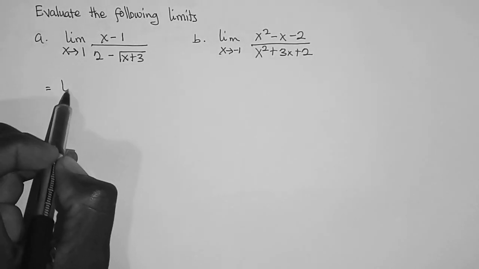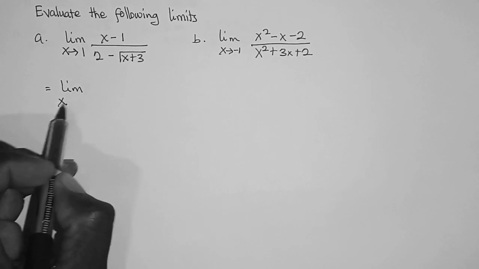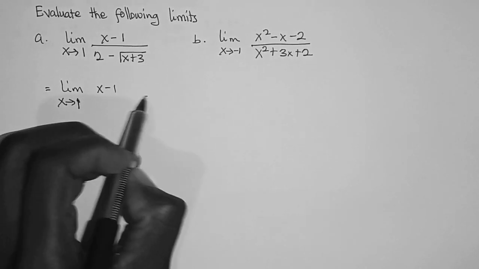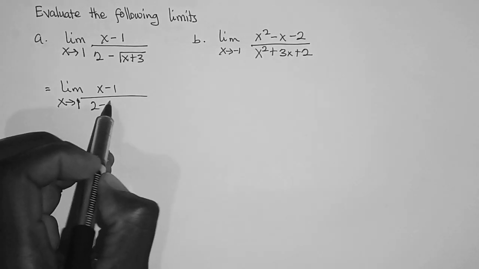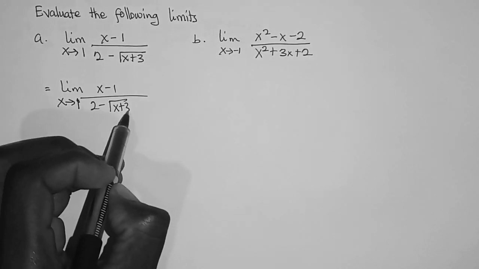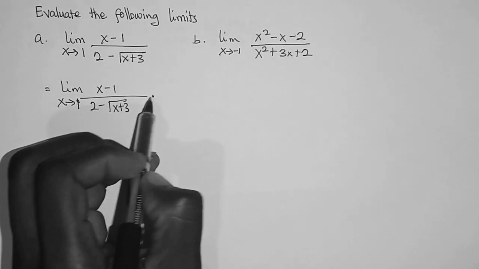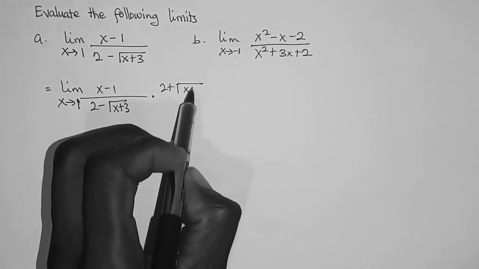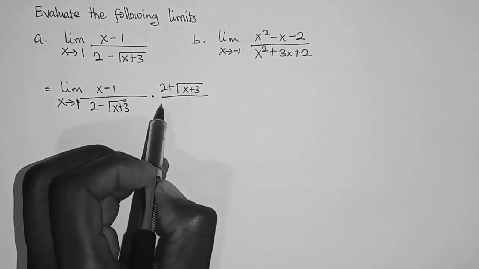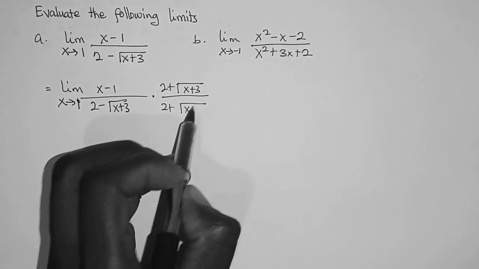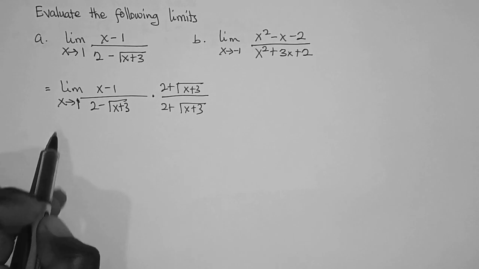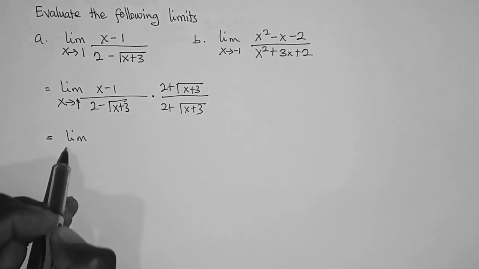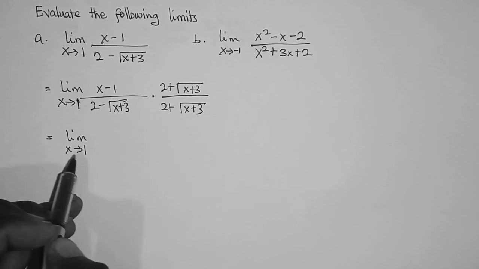So this is equal to limit as x approaches 1 of (x minus 1) divided by (2 minus root of x plus 3), and times, so we are rationalizing, (2 plus root of x plus 3) divided by (2 plus root of x plus 3).